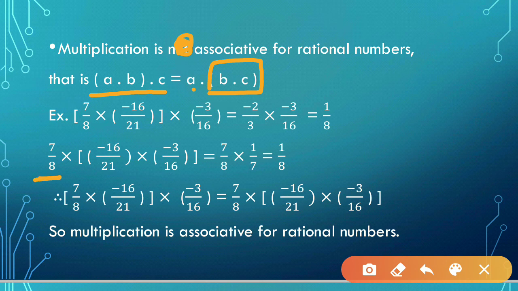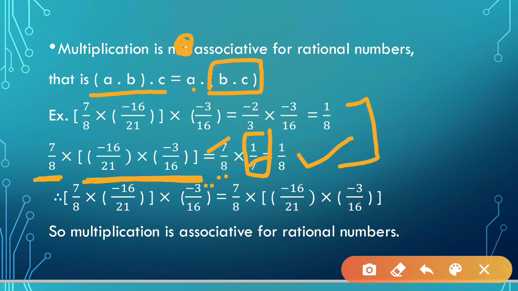When you multiply this bracket, you will get 1 by 7. And when you simplify this, 7 will be cancelled, you will get 1 by 8. So both are the same.